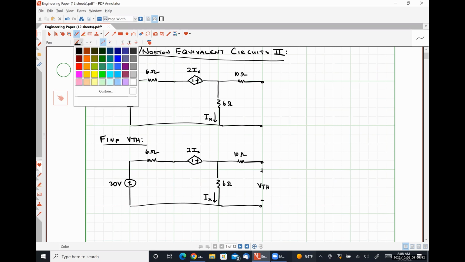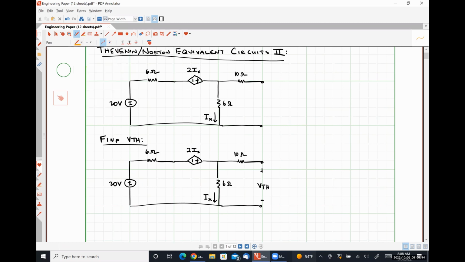So I know that this current is 0 amps. And from Ohm's law, I know that the voltage drop across the 10-ohm resistor must also be 0 volts. From that, I can say my Thevenin equivalent voltage is actually the voltage drop over the 6-ohm resistor.